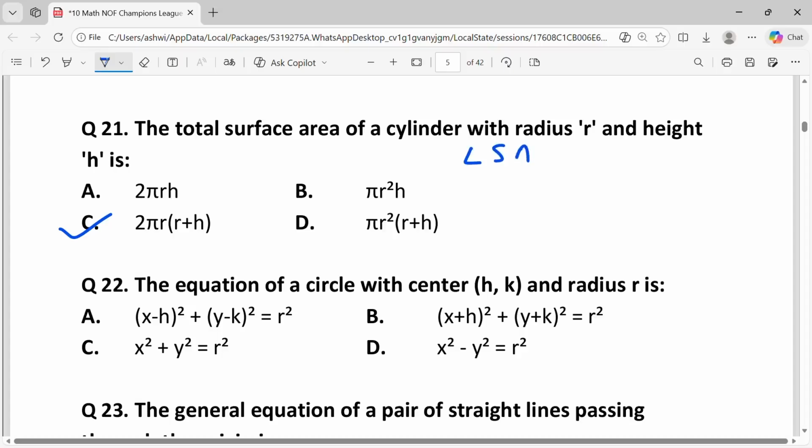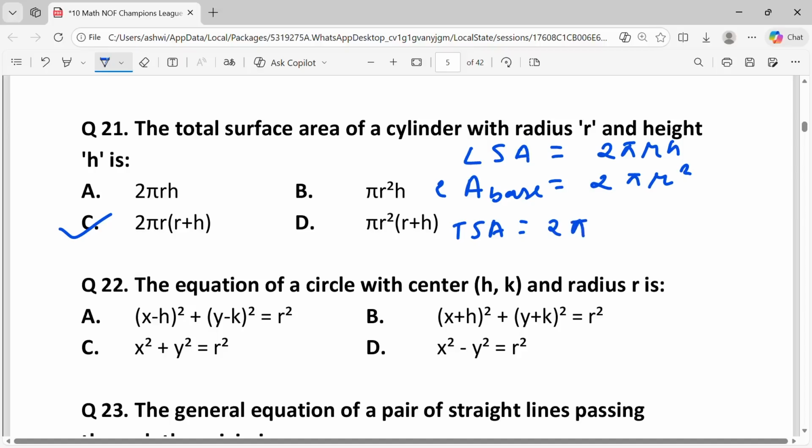The lateral surface area of a cylinder is equal to 2 pi r h, and the area of two bases is equal to 2 pi r square. So TSA is equal to LSA plus area of two bases, that is 2 pi r into r plus h.